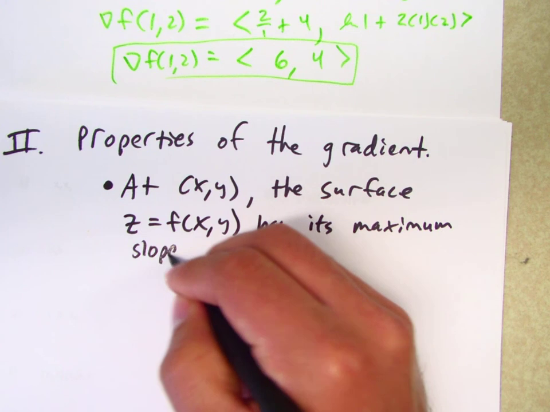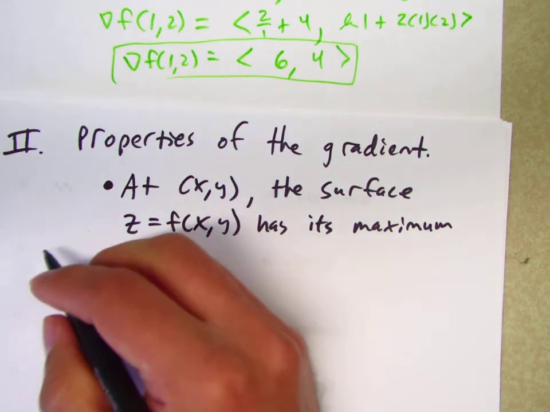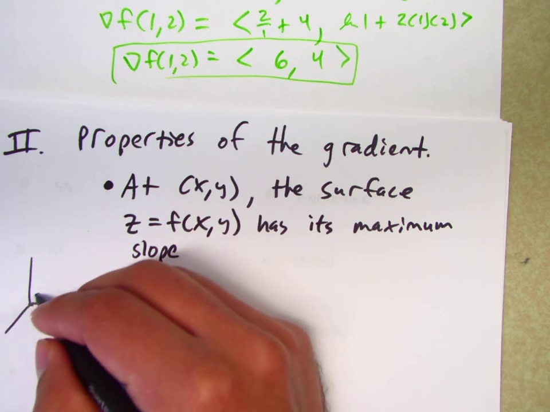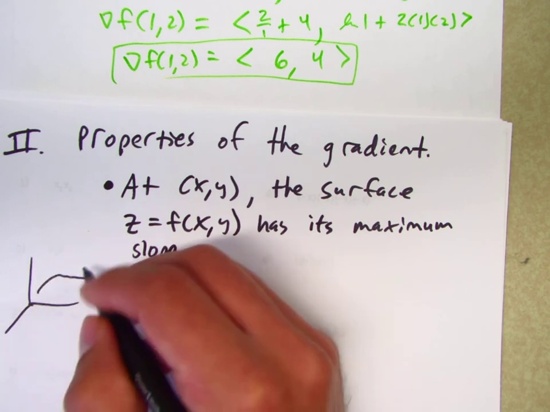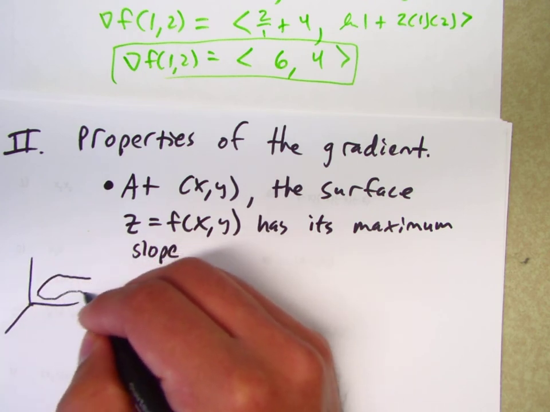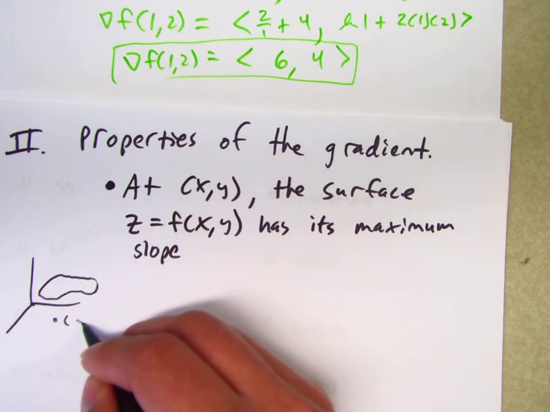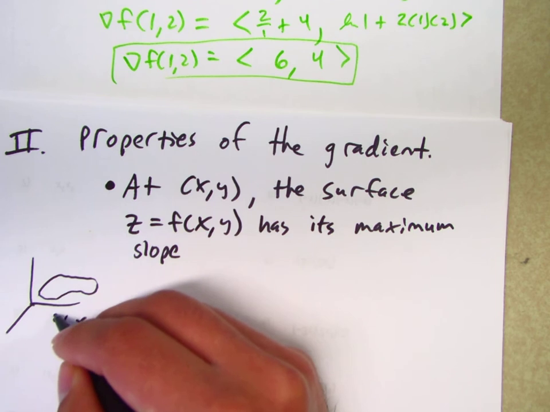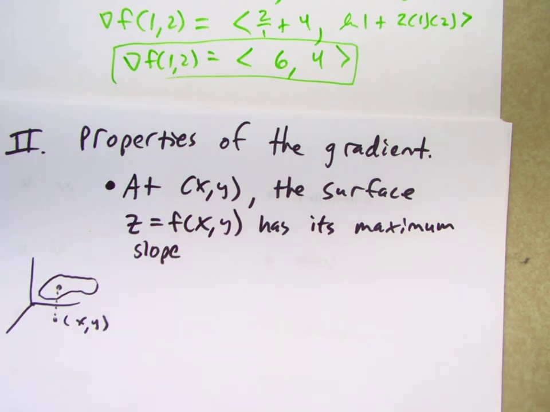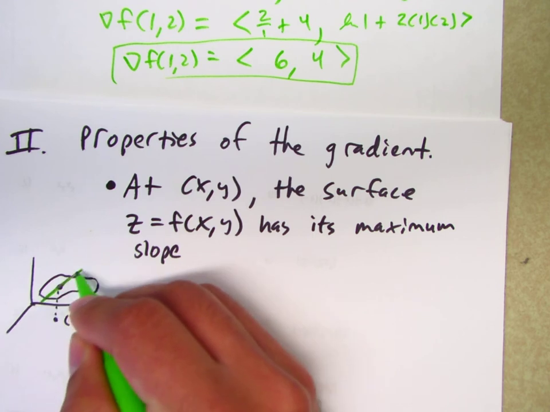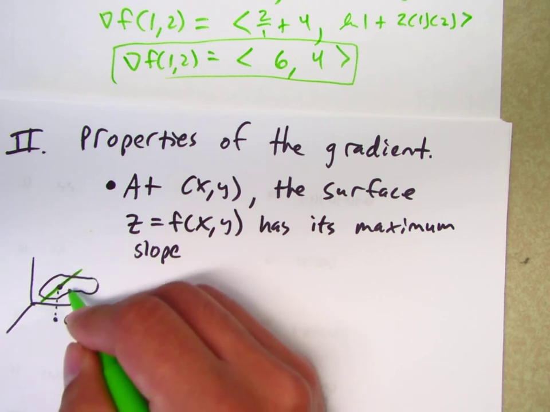In other words, if you have some surface, here's x comma y, and here's a point, right? And so maybe this green line indicates the steepest slope possible, right?